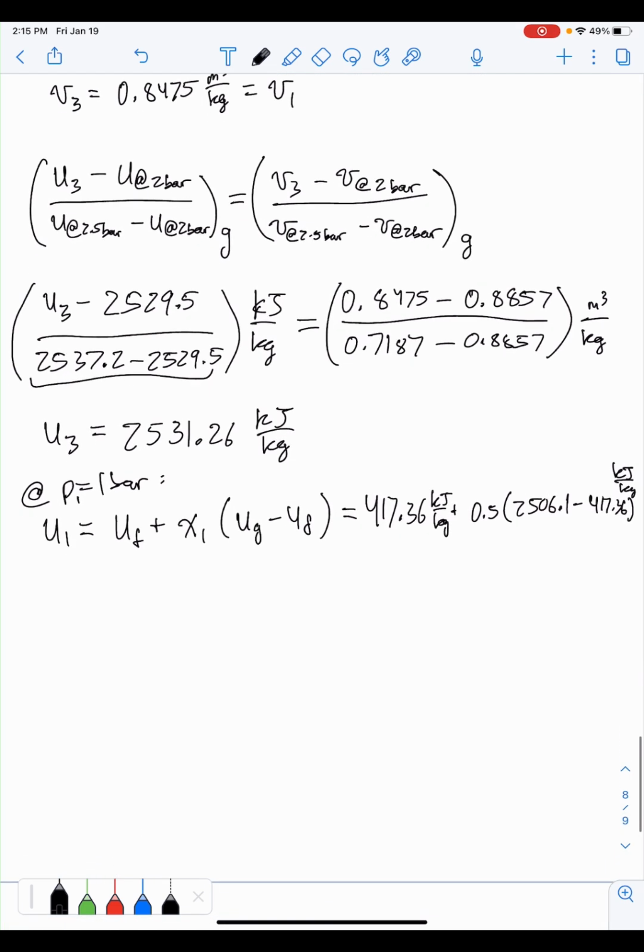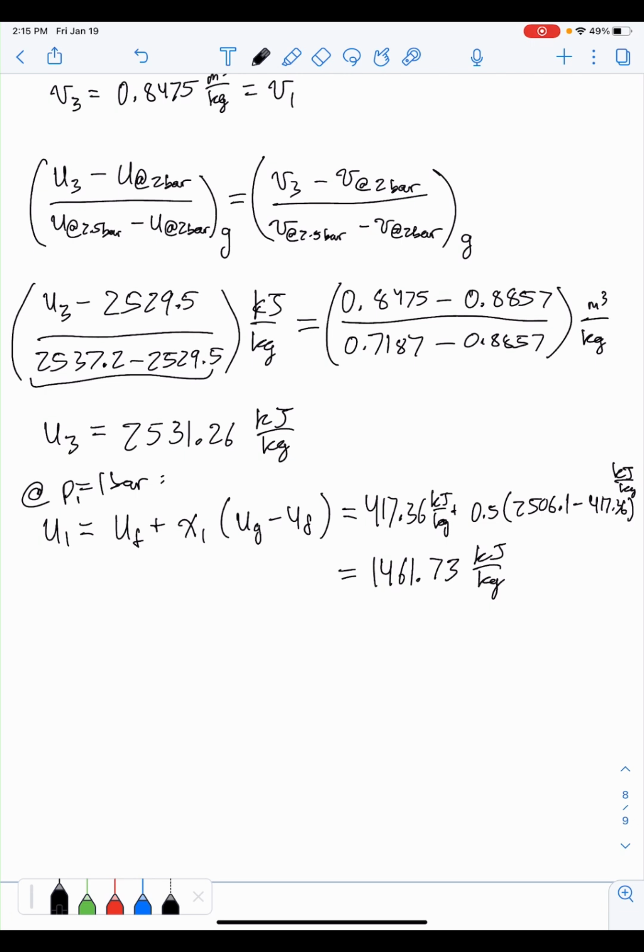Okay. And I plug into my calculator. Okay, we have the following internal energy for state 1, which also lies between these two values. So we know it's about right.